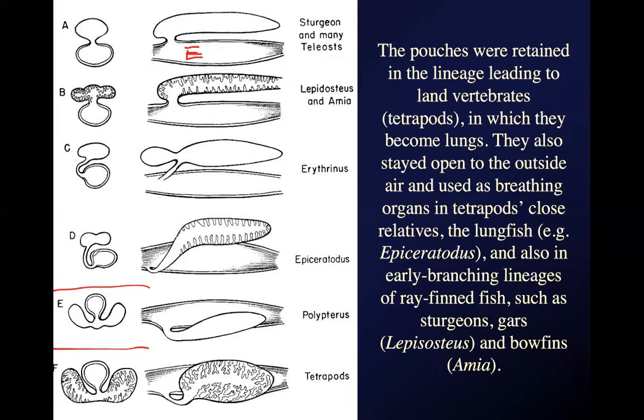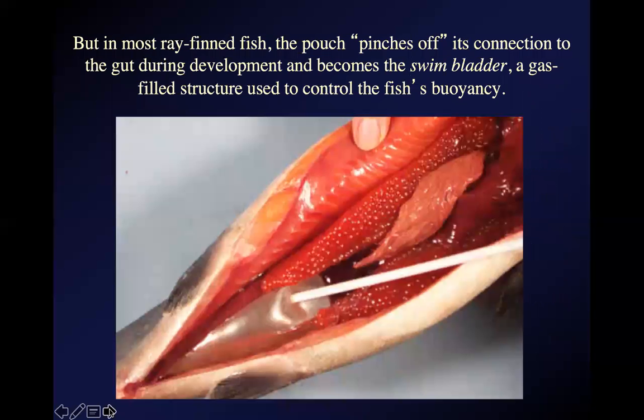And what's happened since has basically been working out potentials that were already present, possibilities that are already there, taking this little pouch and in many lineages, adapting it to different lifestyles.